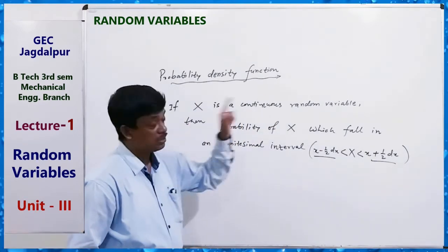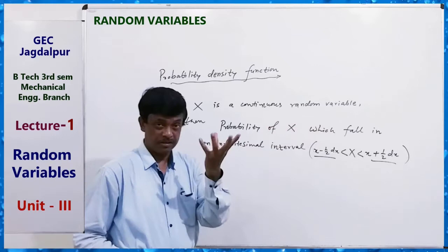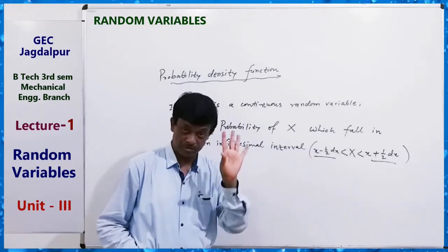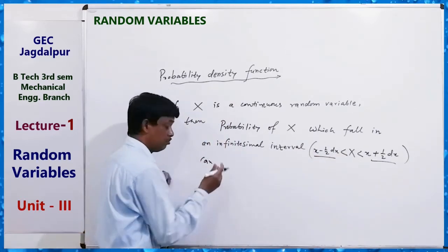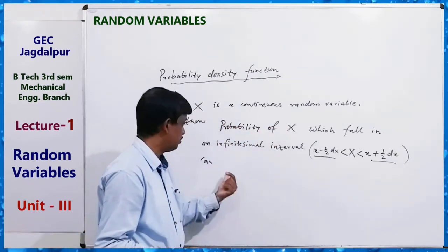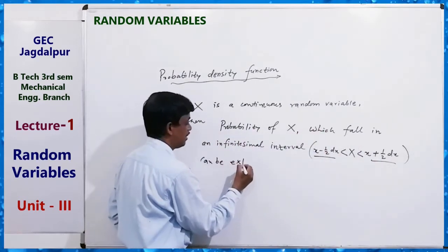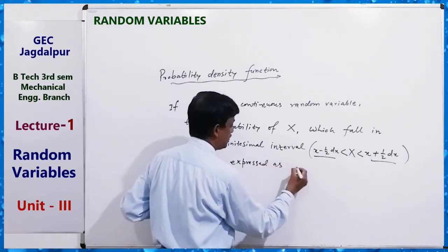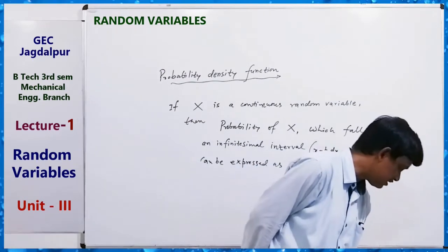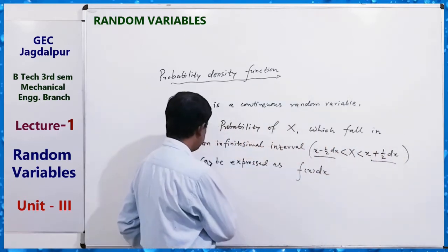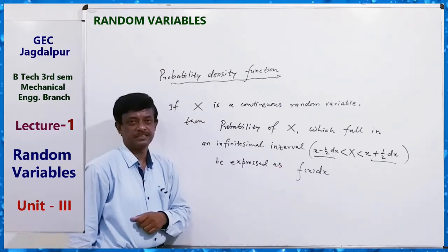So if X is a continuous random variable, the probability that the value taken by the random variable falls in this interval can be expressed as f(x) dx.